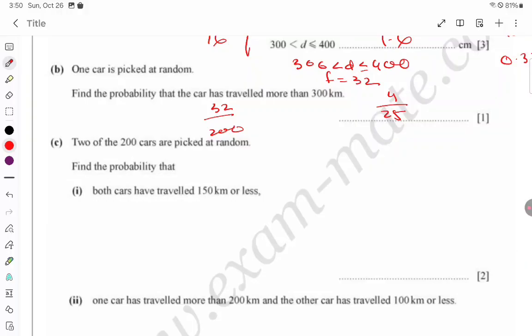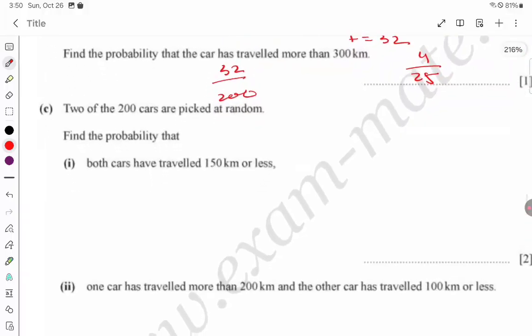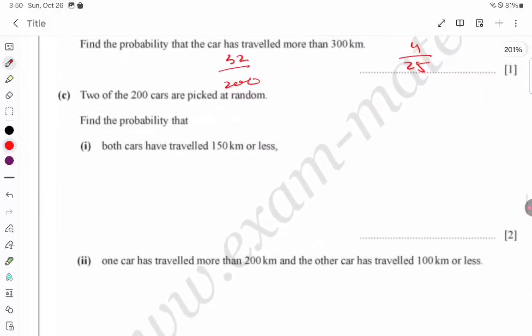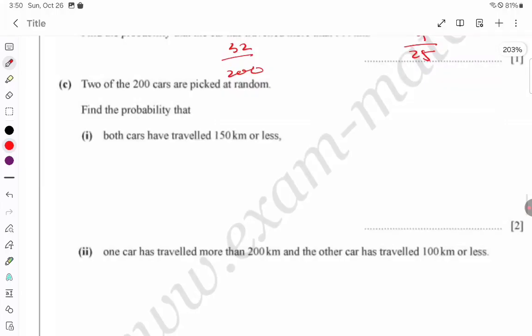Now part C, 2 of the 200 cars are picked at random. Find the probability that both cars have traveled 150 kilometers or less. Again, we have to look at the table which is in the question.